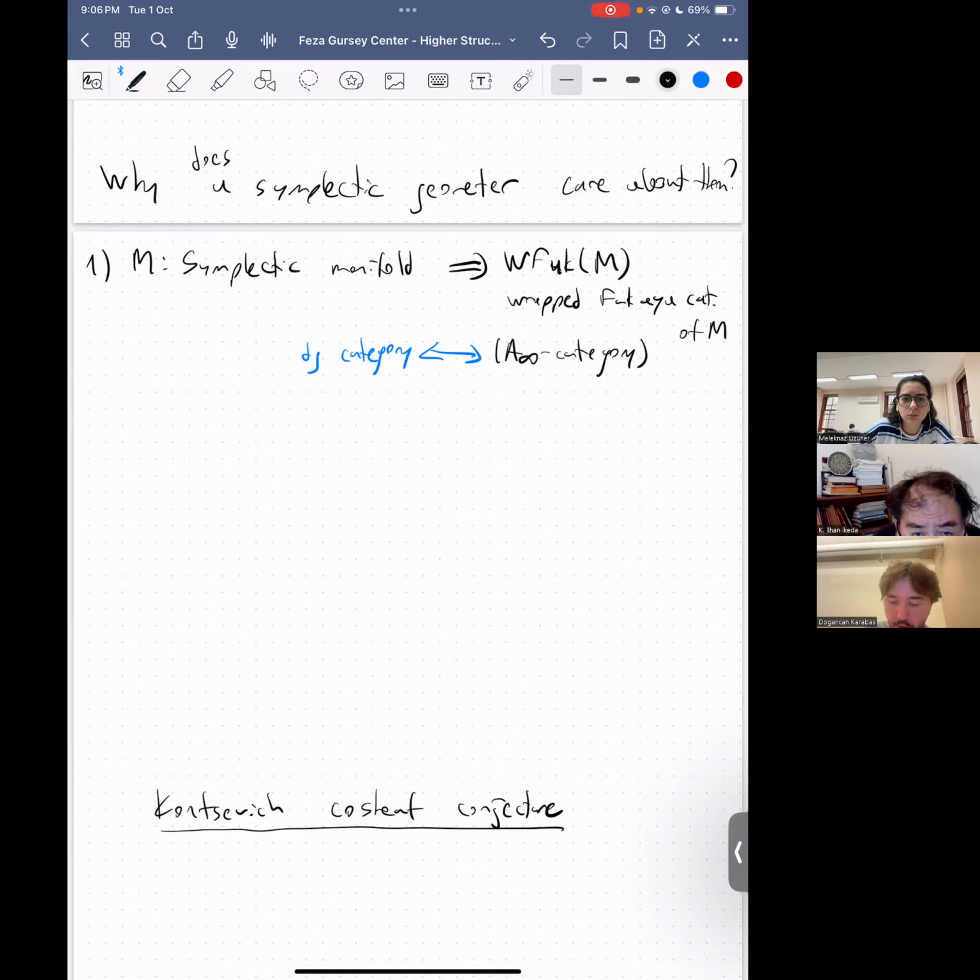It's a category. Its objects are Lagrangian submanifolds. Morphisms are their intersections, kind of.